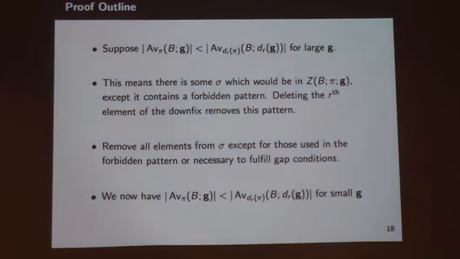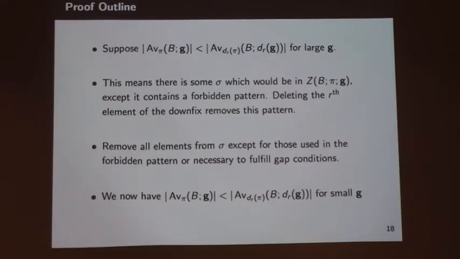The only way for that to happen is if there's some permutation in Av_pi of B, G, in this avoidance class. It has the right downfix, the right gap vector, except unfortunately, it contains a forbidden subpattern, and deleting the rth element of the downfix just gets rid of this forbidden subpattern.